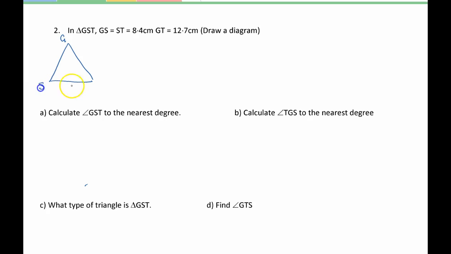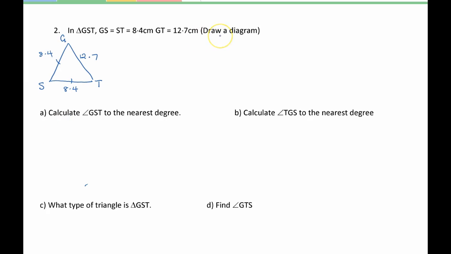G to S is the same as S to T. So those two sides are equal and they're both 8.4. G to T is 12.7.